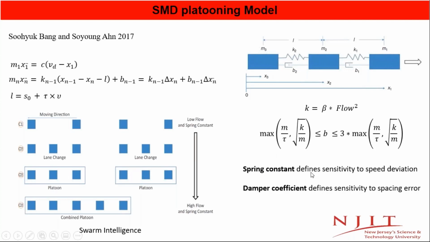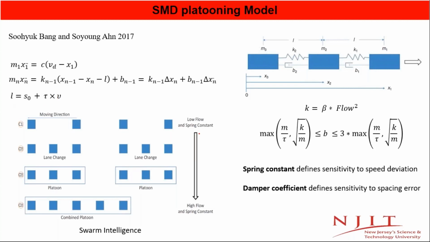The spring constant defines sensitivity to a speed deviation between two vehicles, and the damper coefficient defines the sensitivity to a spacing error between two vehicles. In this model, the acceleration rate of each vehicle is updated in each time interval. In the end, they maintain the desired distance, which is a function of speed.